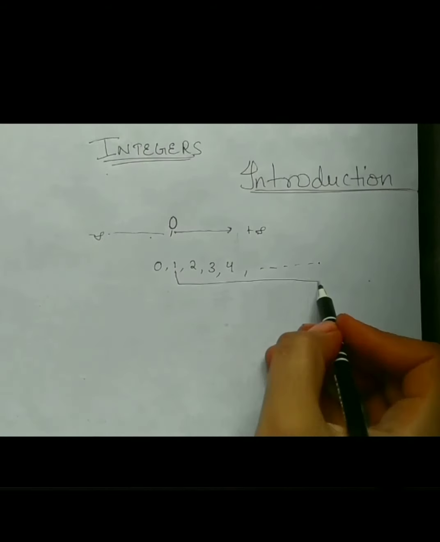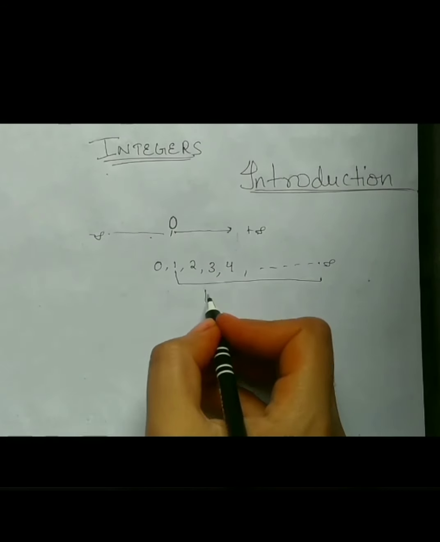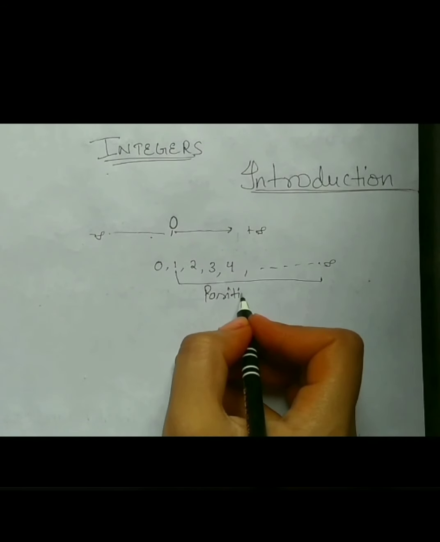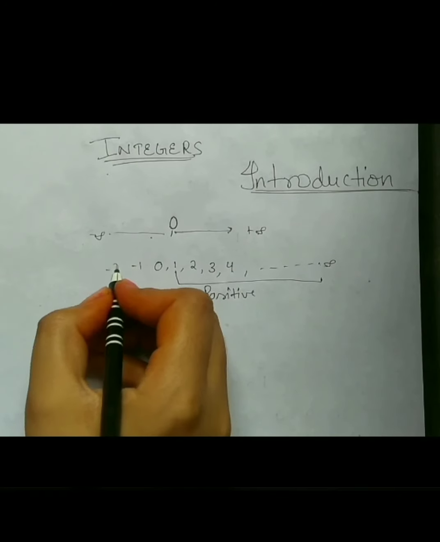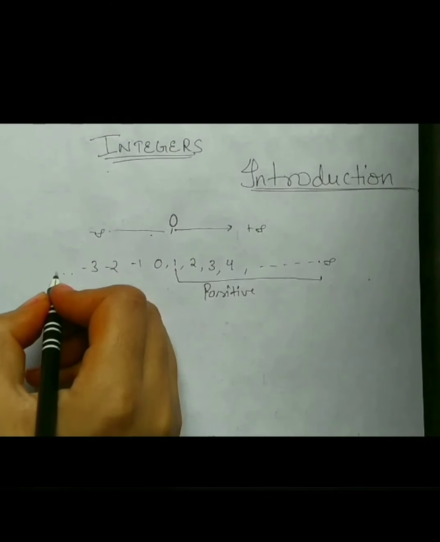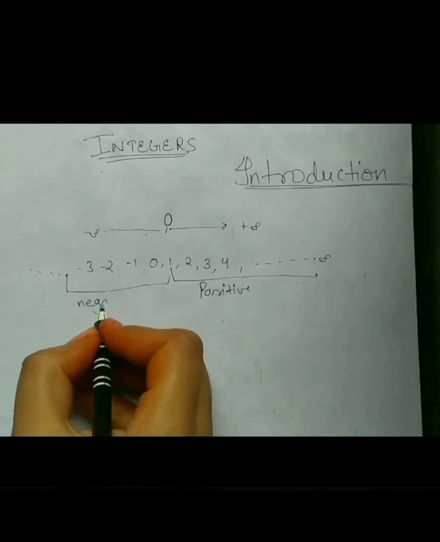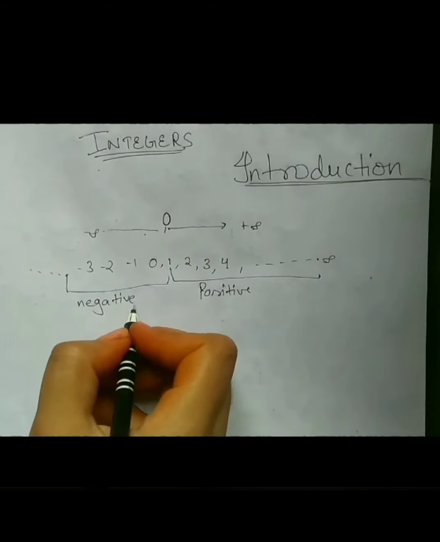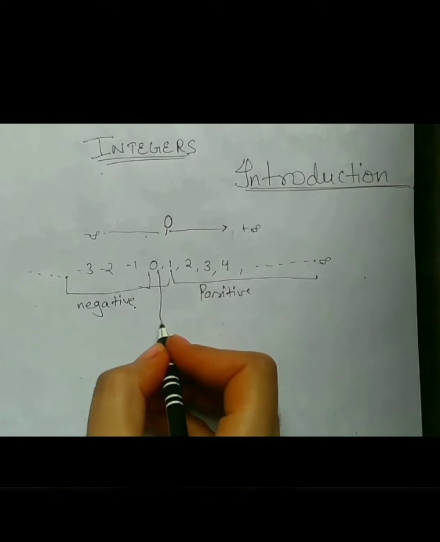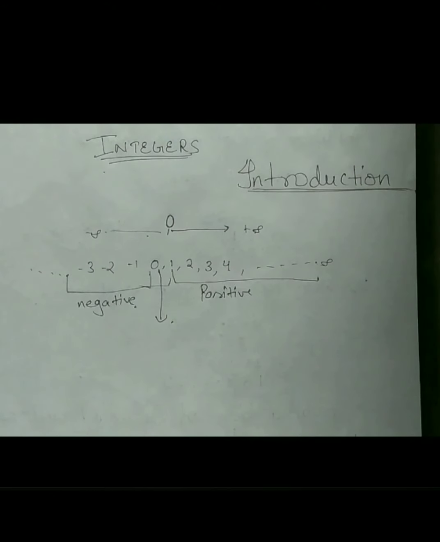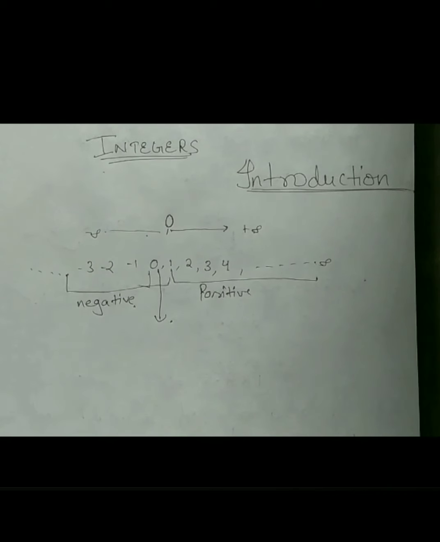These are known as positive integers. -1, -2, -3 and so on. These are included in negative integers. 0 is neither positive nor negative but is included in integers.